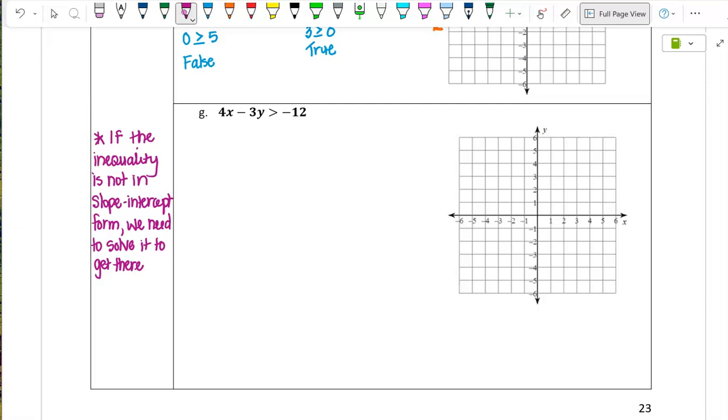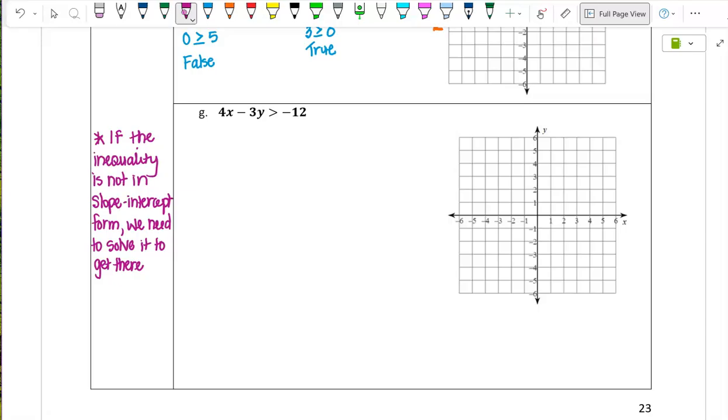If the y is not on one side of the inequality by itself, then we are not ready to start determining our slope and our y-intercept. So we have to make sure that we solve it to put it into that format.